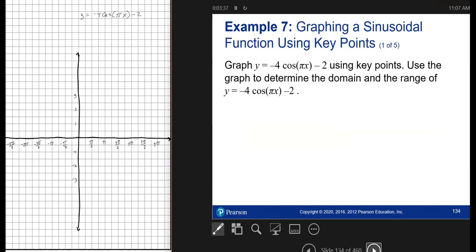Our key points to start with for cosine are 0, 1; pi halves, 0; pi, -1; 3 halves pi, 0; and 2 pi, we're back to 1.